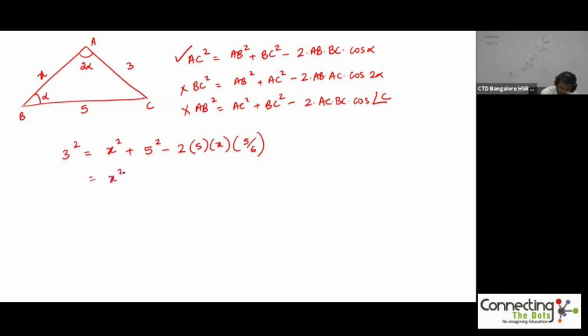Right, so that is x square plus 5 square minus 2 times 5 times 5. I think if you simplify this, what do we get? Something like 3x squared plus 25x, 54 plus 48, is it?